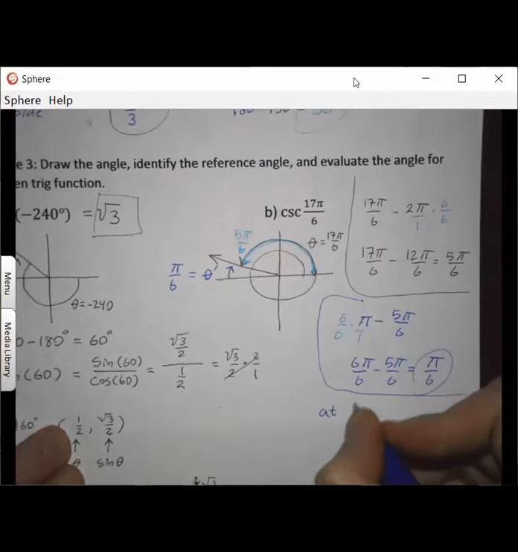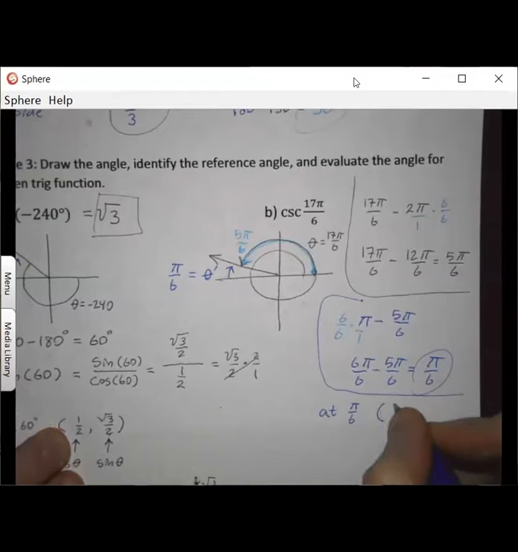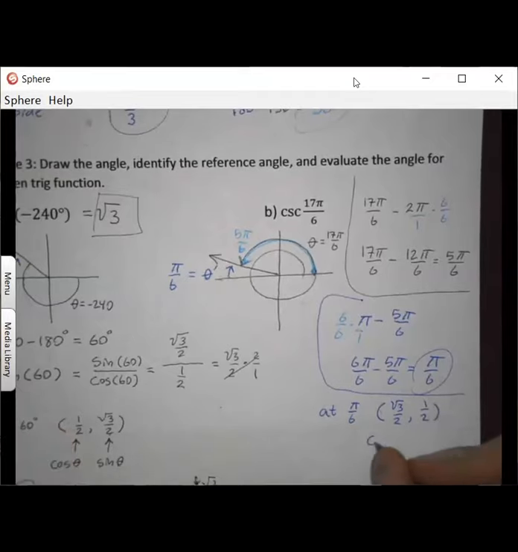So at pi over 6, we have the point root 3 over 2 and 1/2. And then again, the cosine of our angle is that. The sine of our angle has that value.